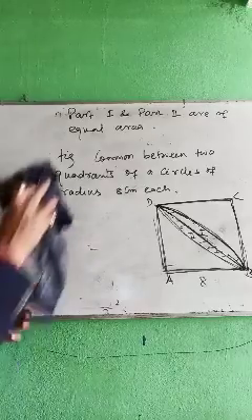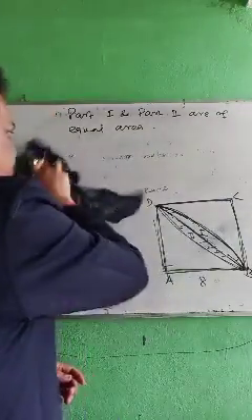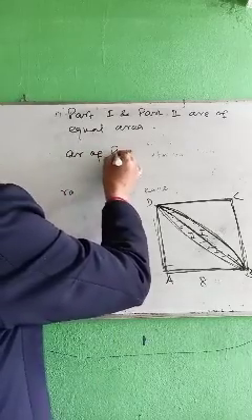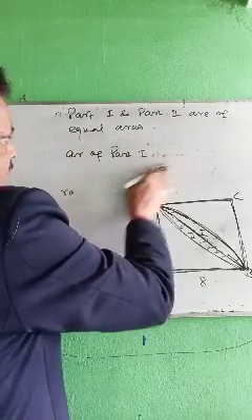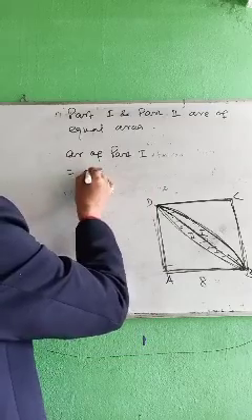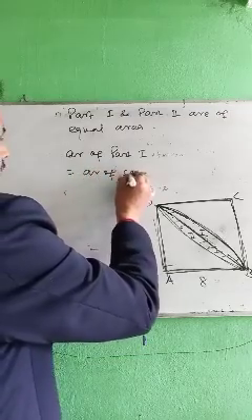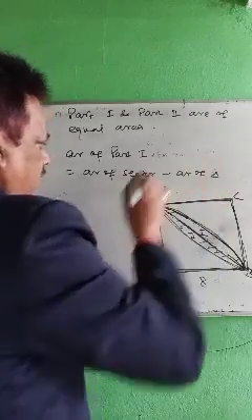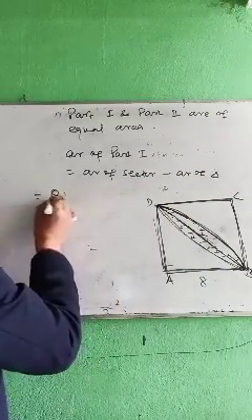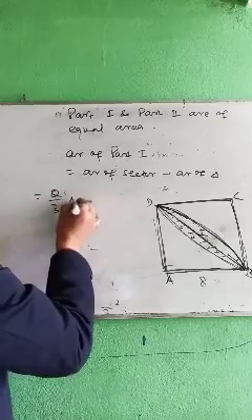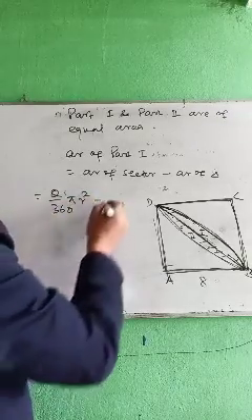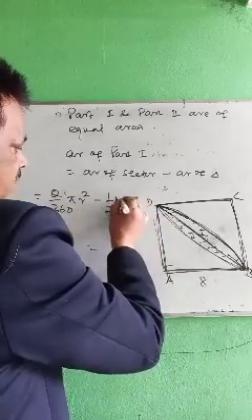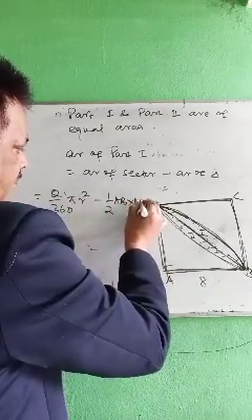Equal area means what is the area of part 1? Area of part 1 is area of sector minus area of triangle. Sector means theta by 360 pi r square minus half into base into height, AB into AD.